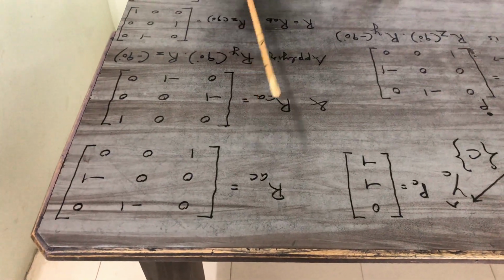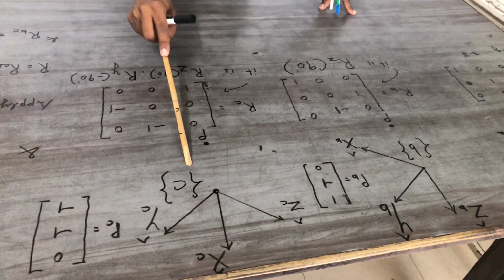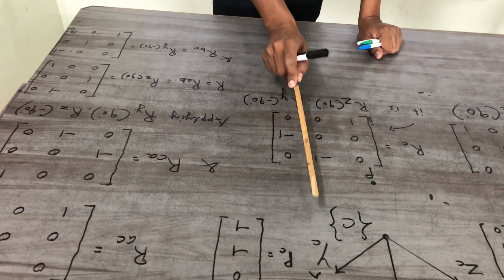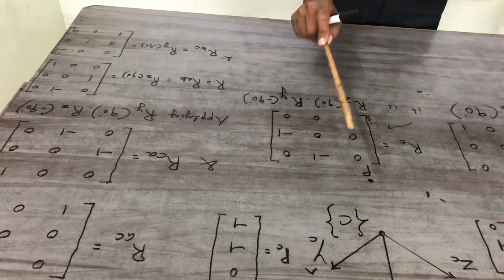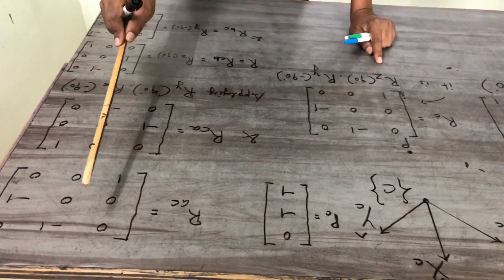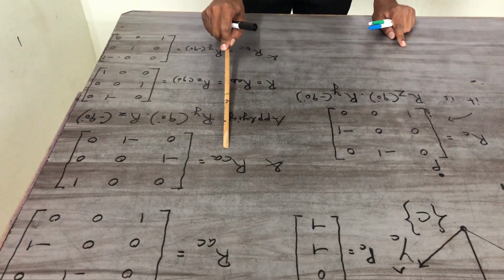Now RAC: the reference is A and this one is the reference frame C. So it is the rotation matrix, the orientation of C with respect to A, and it is 0, minus 1, 0, 0, 0, minus 1, 1, 0, 0. And what is RCA?